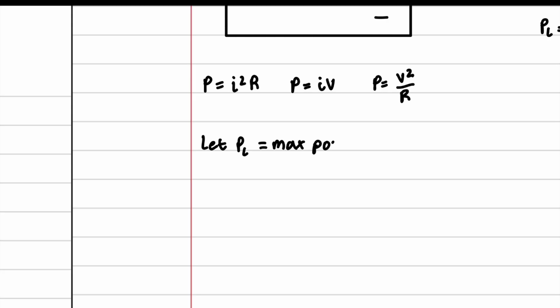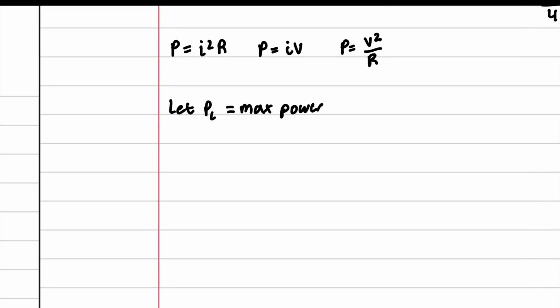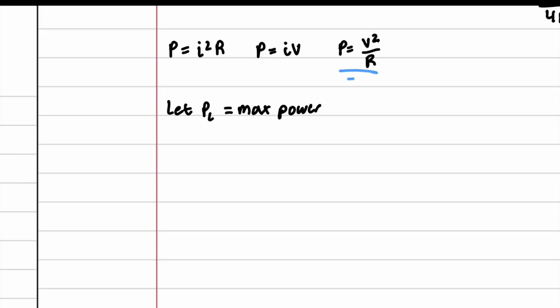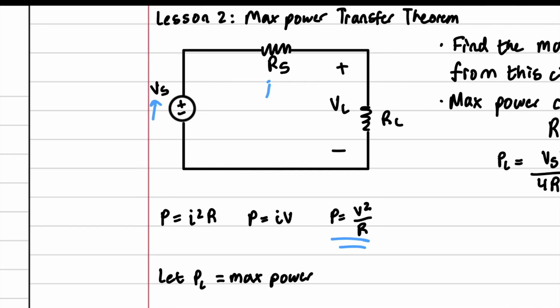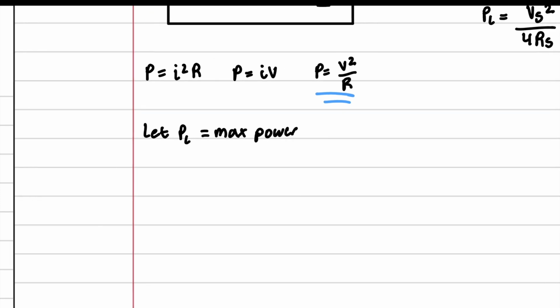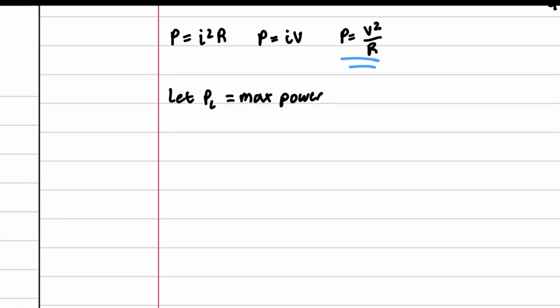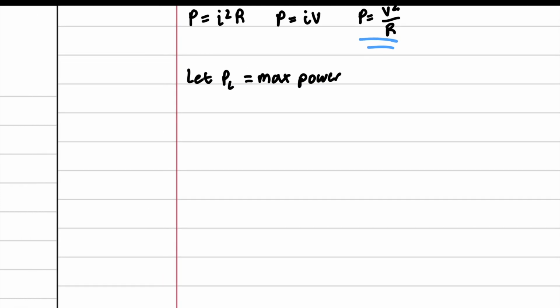Okay, and we're going to actually use this equation right here because we have the voltage and we have the resistance, so might as well use the one that directly uses both of them. Okay, so we're going to say that PL is equal to VL over RL squared.